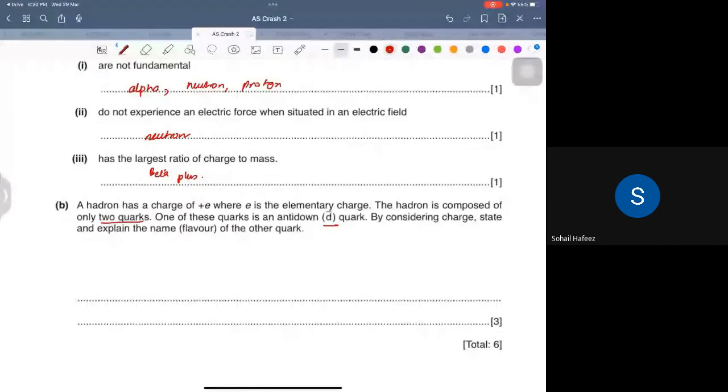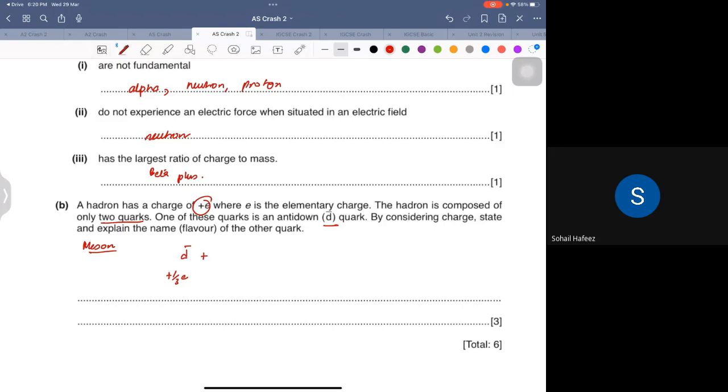Which family is that? Hurry up. Meson. Meson. You guys forgot already. Anyway, so now it says you want to have plus E. Anti-down is plus 1/3 E. What should I add to it so it becomes 1E?